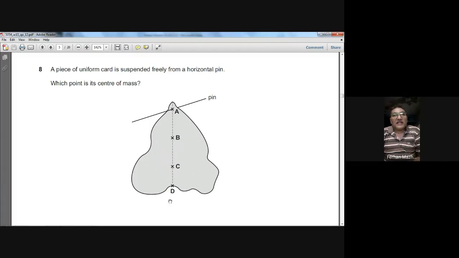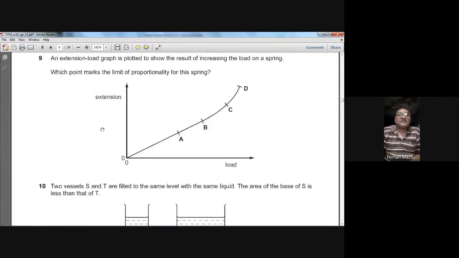If you look here, it looks to me that C should be the center of mass, because here the mass is larger. So it cannot be B, because here the mass is smaller, here the mass is larger. So here the center of mass should be on the point C. So for question number 8, the option is C.